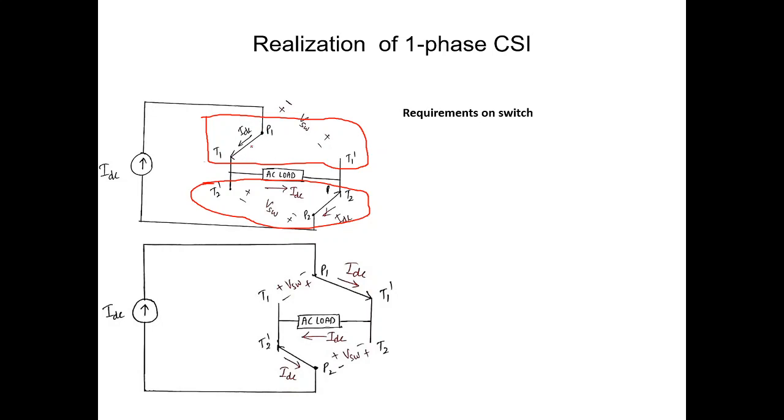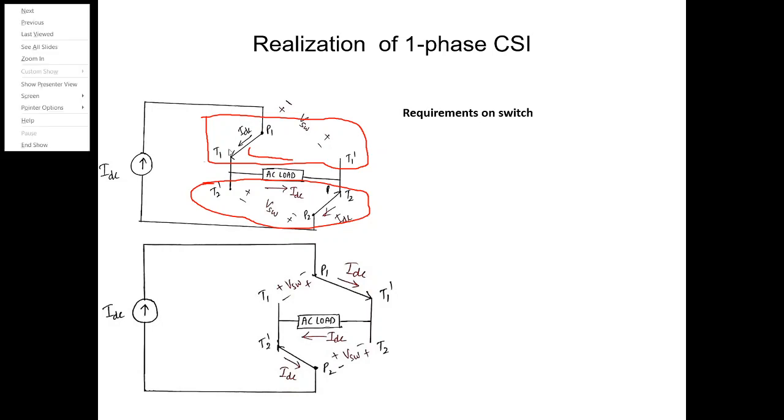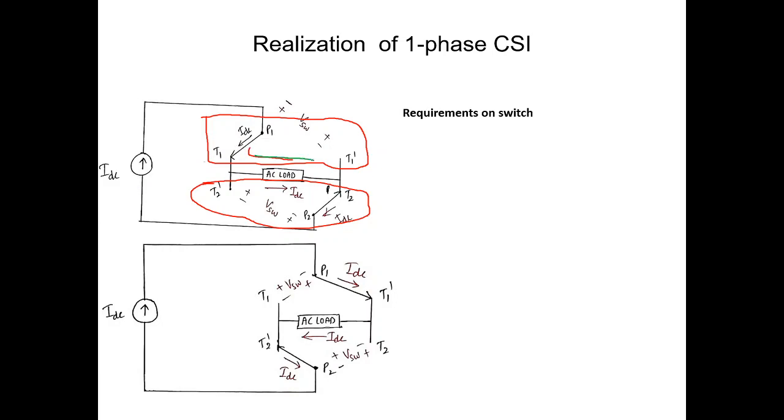So this is the current direction, right? Whenever you want the output current to flow through the load in this direction, we should connect pole 1 to T1 and pole 2 to T2.